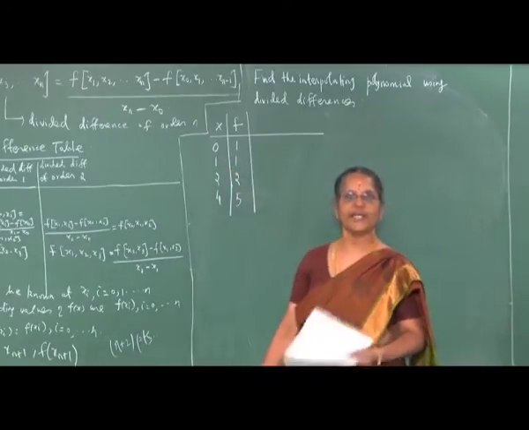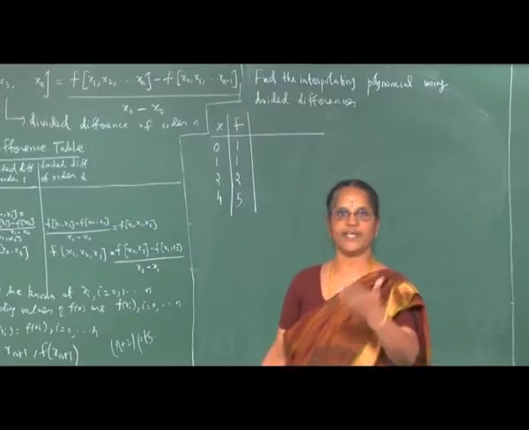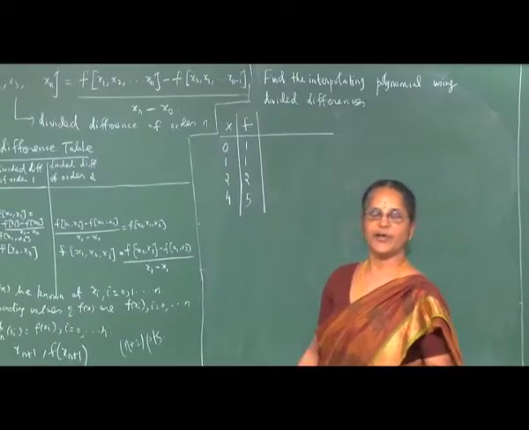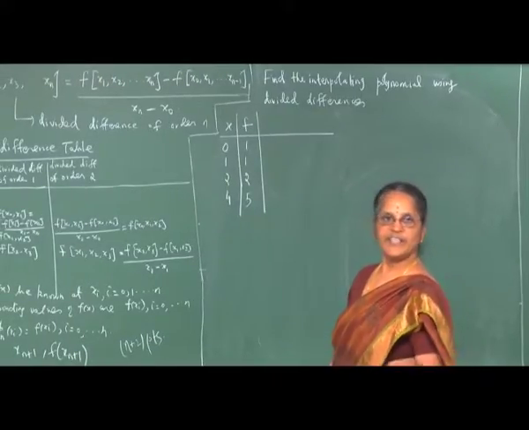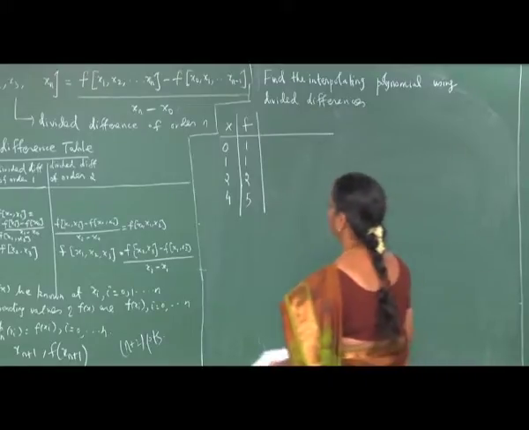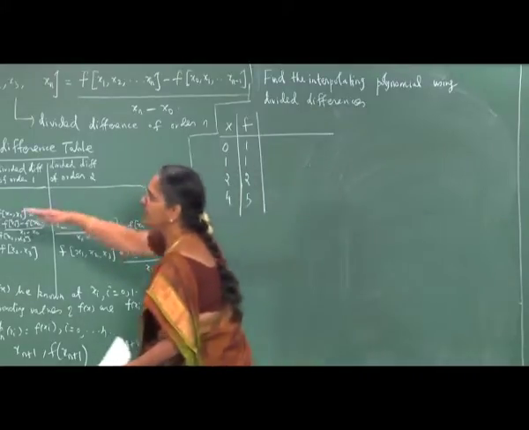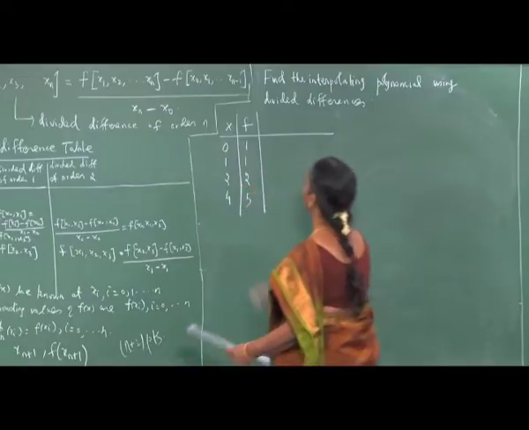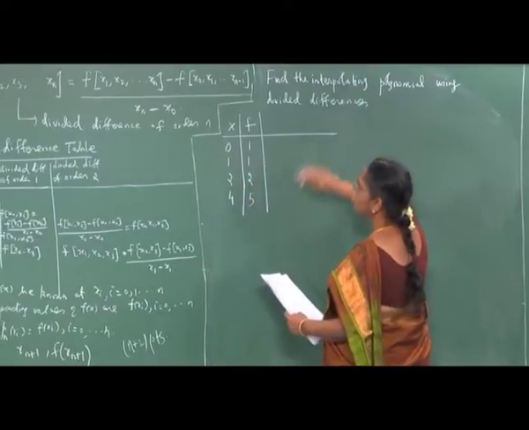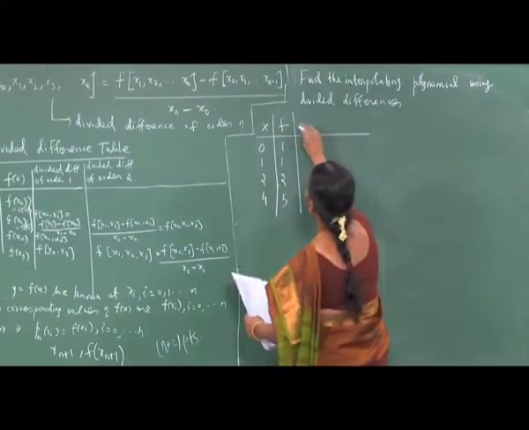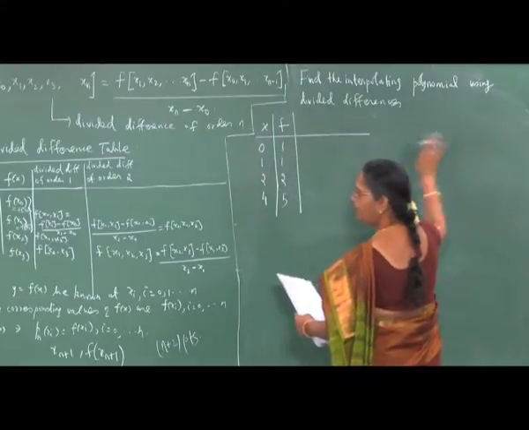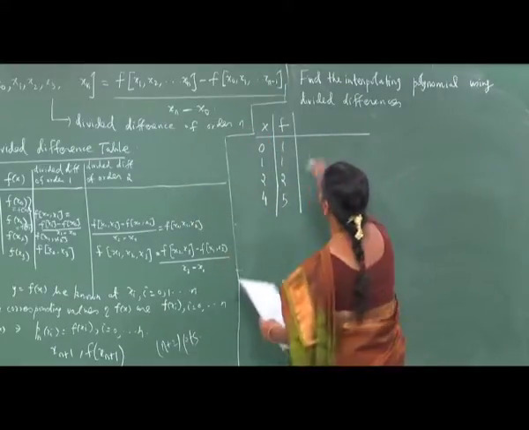So, in order to get an interpolating polynomial, I can use either Lagrange interpolation polynomial or divided difference interpolation polynomial. Now that we have learnt divided differences, let us use the divided differences, and that is what the question is. So, we shall obtain the divided difference table and then construct that polynomial.